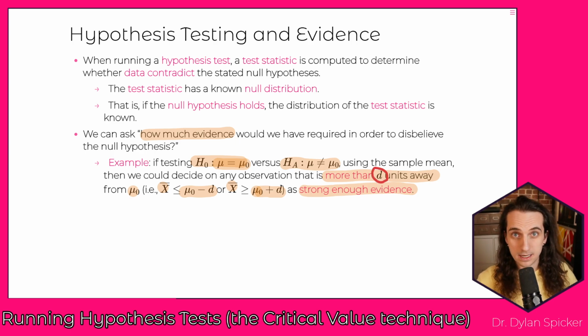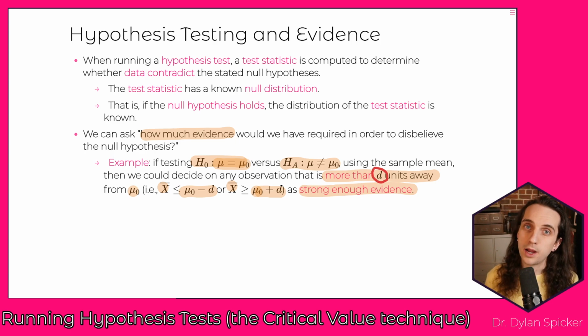Think about the example of flipping a coin and trying to determine whether this is a fair coin or not. If you were to flip this coin 100 times, you'd expect to see 50 heads. But how many heads would you have to see in order to doubt that this is a fair coin? Maybe you say, I would want to see at least 70 heads or fewer than 30 heads.